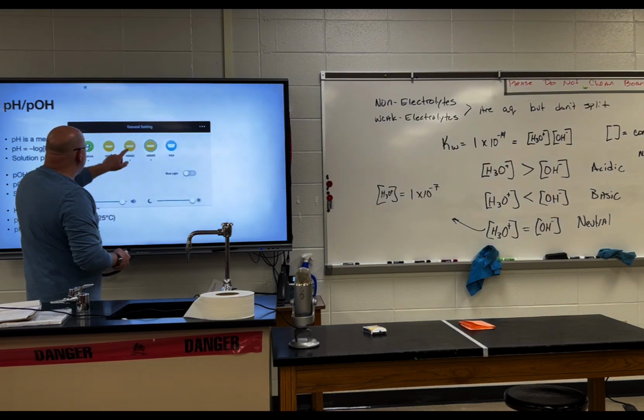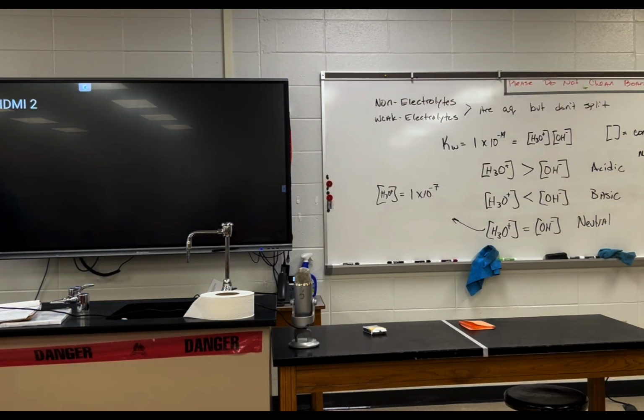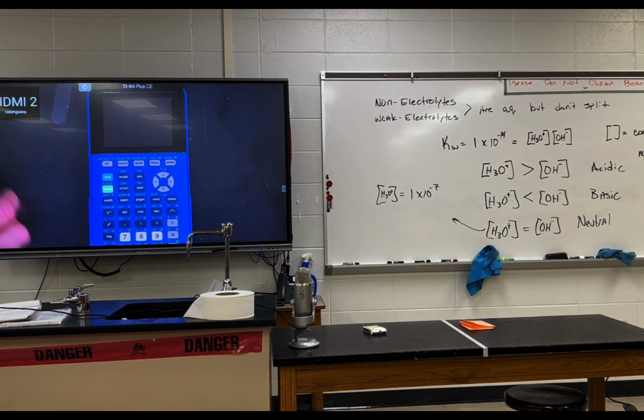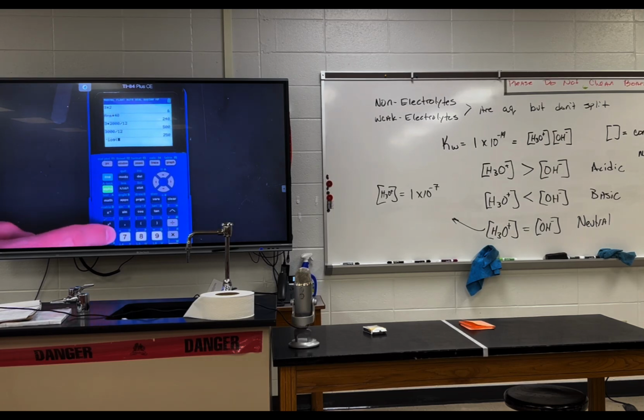And if you need help with this, follow along with Mr. K. Negative sign, log, 1 second EE. Don't do that 10 crap. Second EE, negative 7, enter. Whoa. That's where pH 7 comes from.